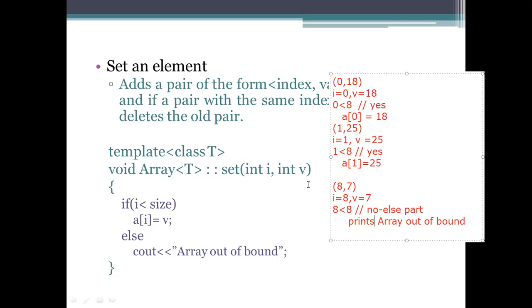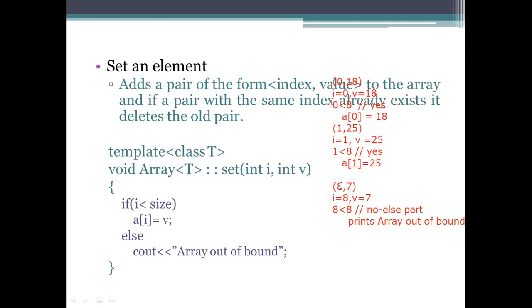Okay. So for setting the value, we are using the same steps as in the initial step. For another one, I'm taking the value 0 comma 17. Let me write I is equal to 0 comma V is equal to 17.